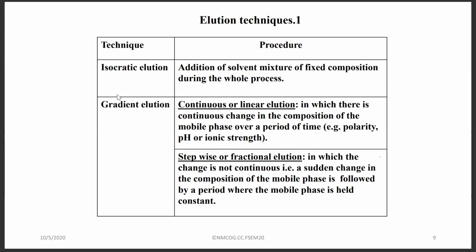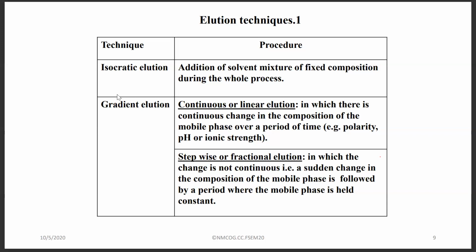With gradients, we change the amount of the analyte that we put in over a period of time. We can start with a lot and then decrease, or go increasing. It can be continuous or stepwise.